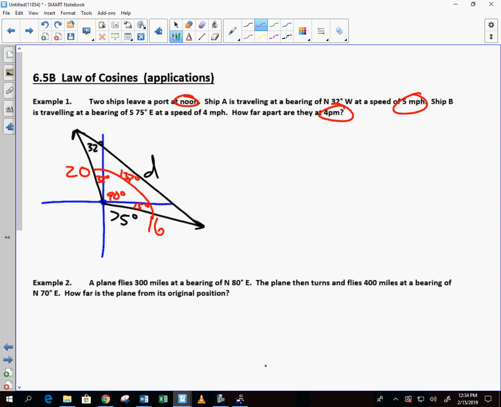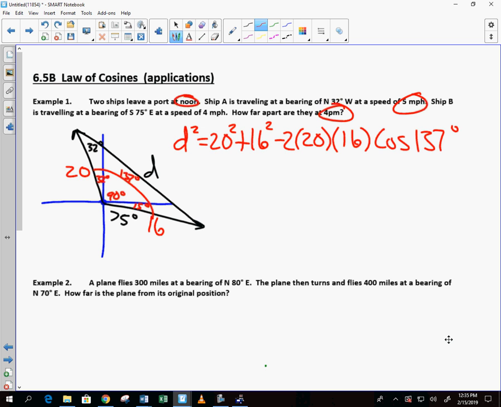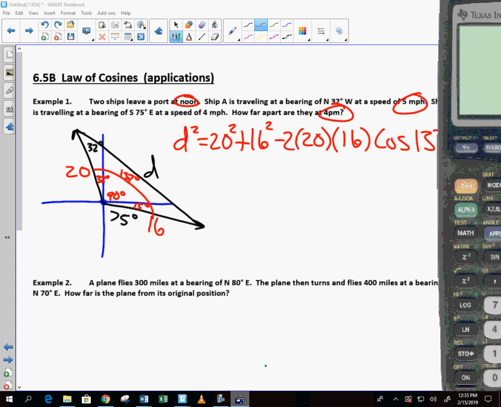Law of cosines, because you don't have an angle on its opposite side. So therefore, d squared is equal to 20 squared plus 16 squared minus 2 times 20 times 16 times the cosine of 137 degrees. Take out my handy-dandy calculator.